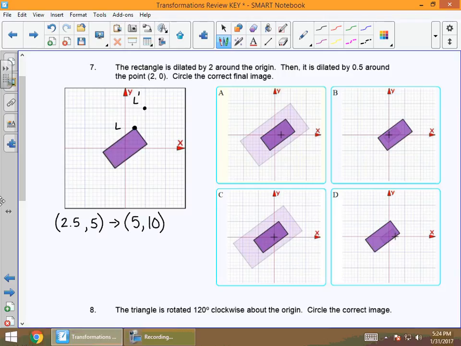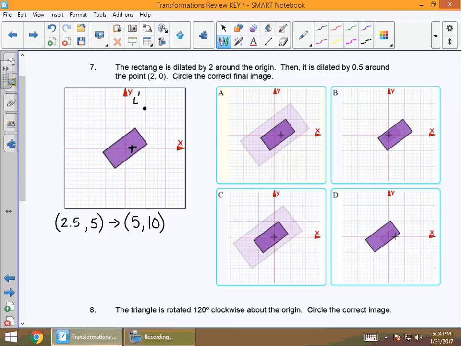Now I need to make the second move. The second move is a dilation of a half around a point at 2, 0. So the point 2, 0 is actually down here. This is not the origin, so my rules for the origin have to be different. What does this mean? Well, let's just pretend for a second that 2, 0 were my new origin.